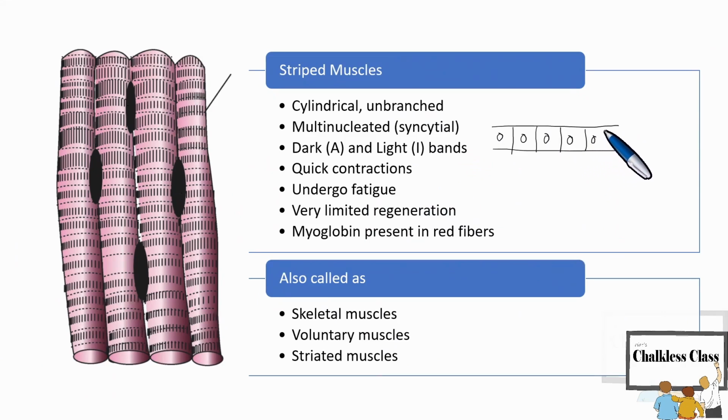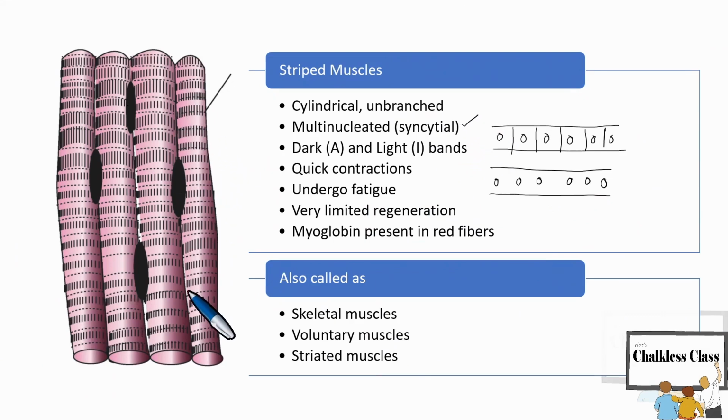Each cell has a nucleus like this. In development, cell membranes between two cells disappear. Thus, a multinucleated condition is formed. So, a multinucleated condition formed by the disappearance of cell membranes is called syncytium.